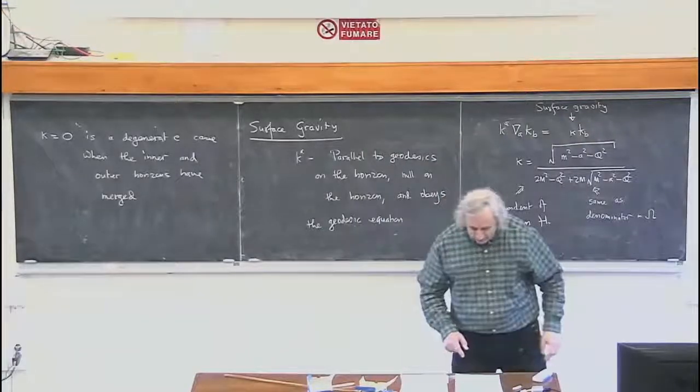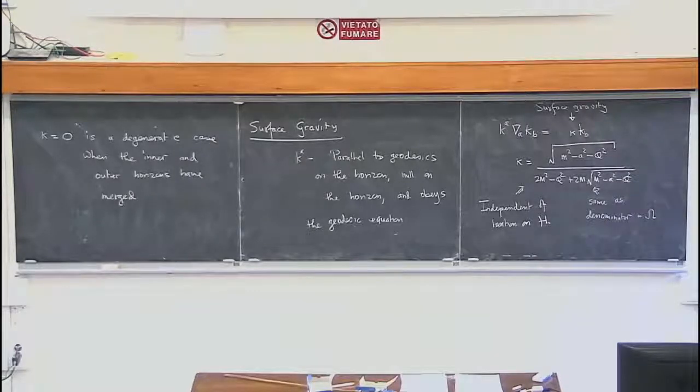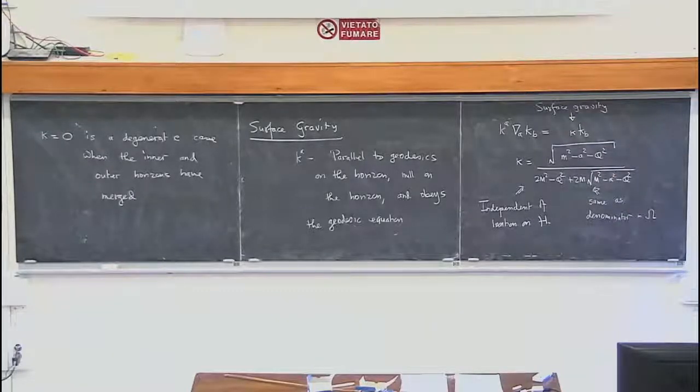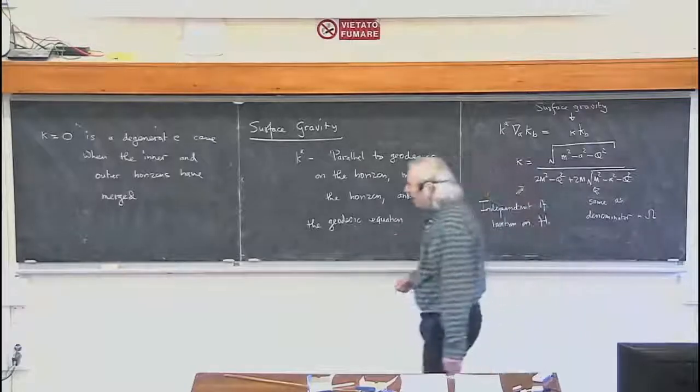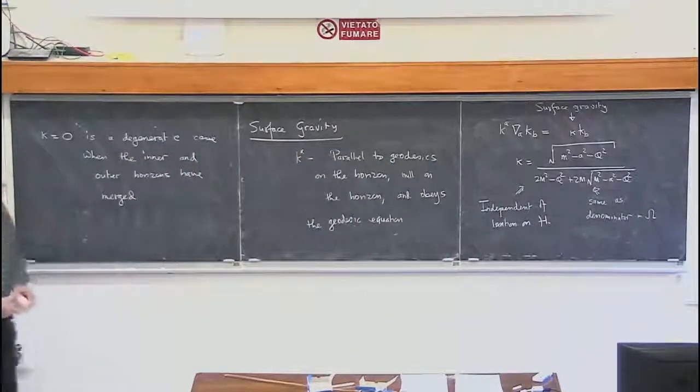Now, in practice, everybody has trouble computing kappa. Here, it looks like a simple task because all you have to do is know what the Killing vector is, and you're done. So it ought to be, in principle, very easy to calculate for some black hole space-times.